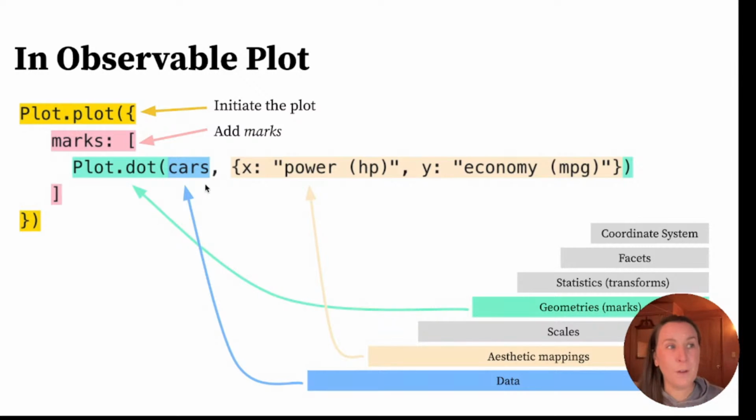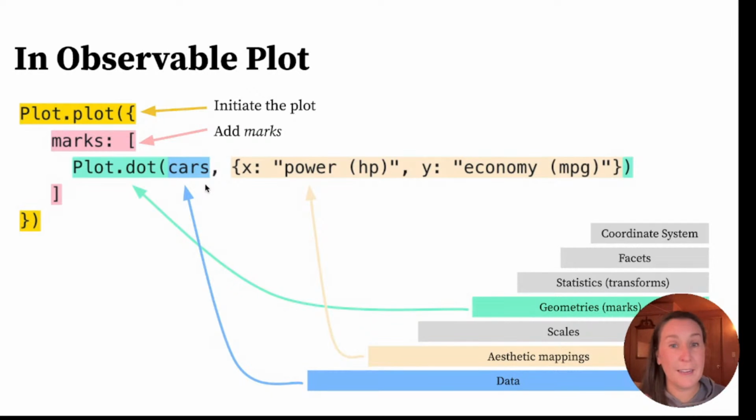And then by default, there are selected scales, but we can change those like we'll see later today. So the scales are created by default for us, like the extents and increments for X and Y on a linear scale. And this also doesn't have any statistics or transforms or faceting. And the coordinate system by default is a Cartesian coordinate system.